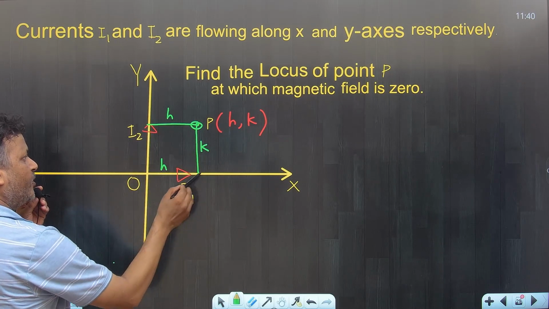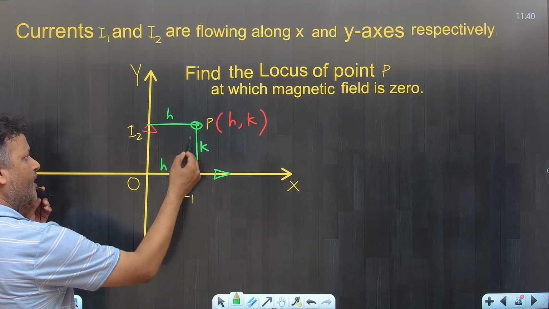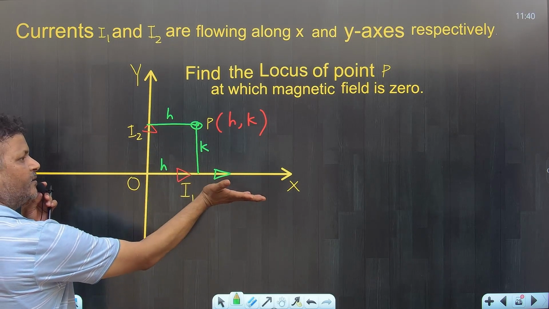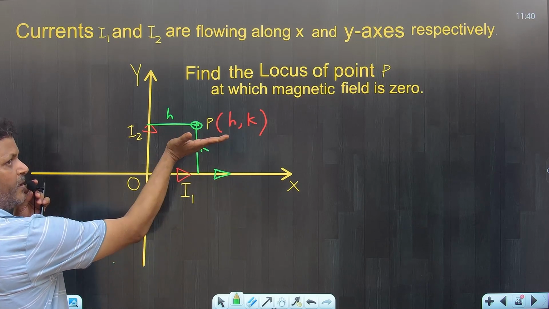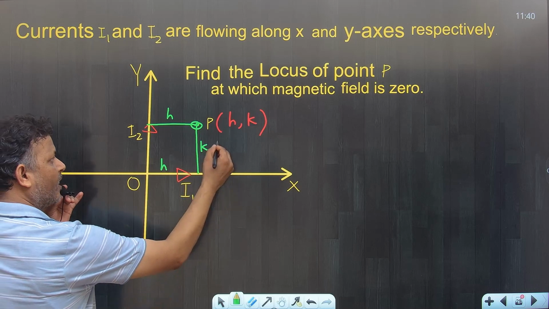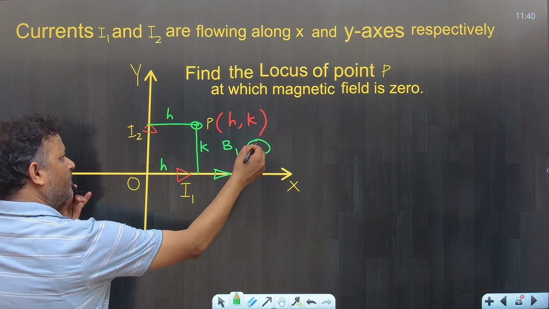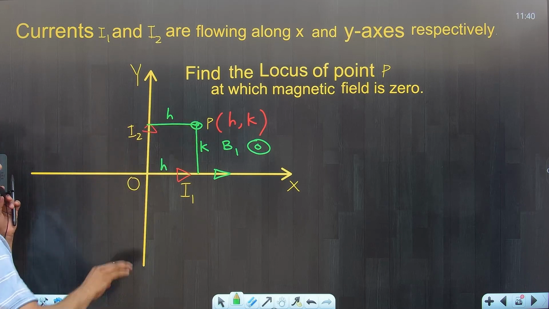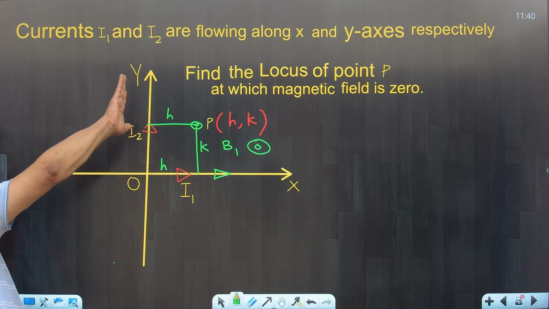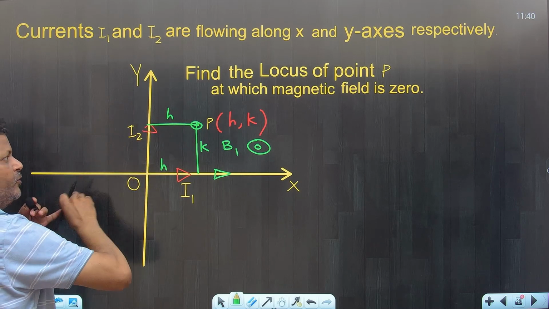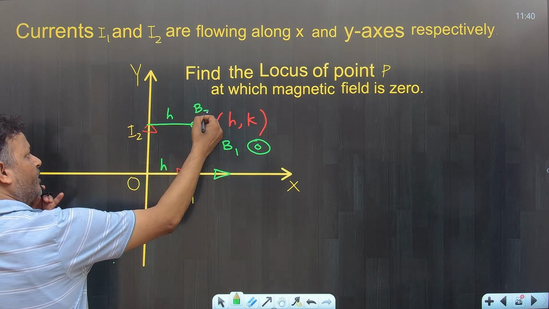So magnetic field due to this wire at point P is, I will keep my fingers along the sense of current, my palm towards P and my thumb goes outside. So B1 is outside the paper. And due to this current, keep your fingers along the sense of current, palm towards P, and B is into the paper. So B2 is into the paper.